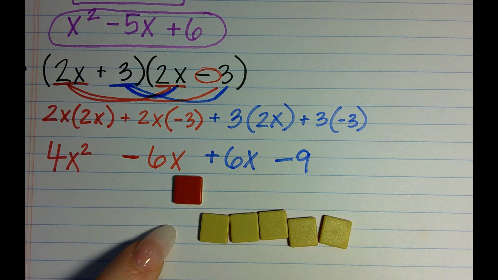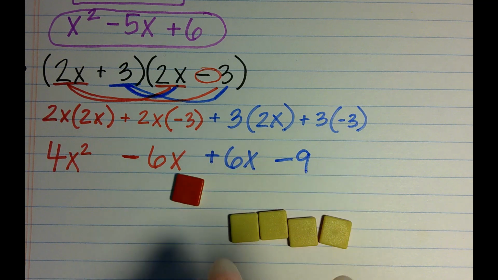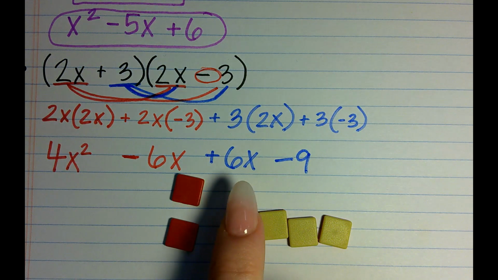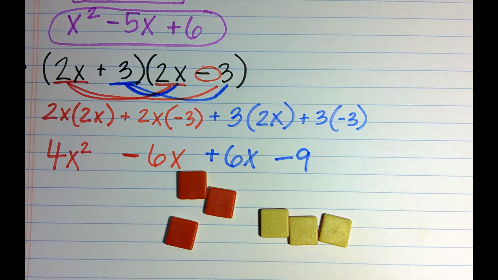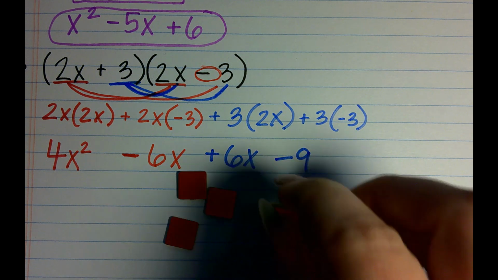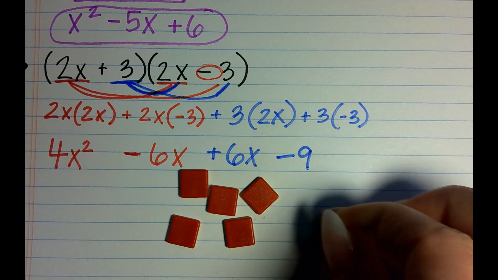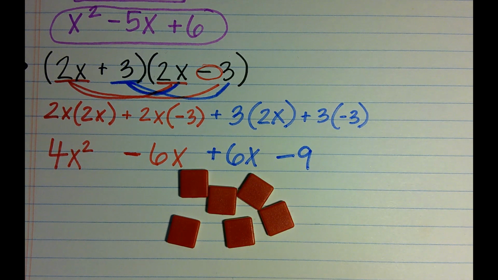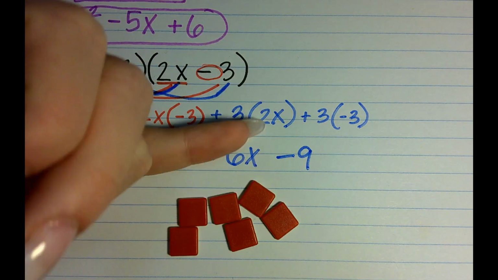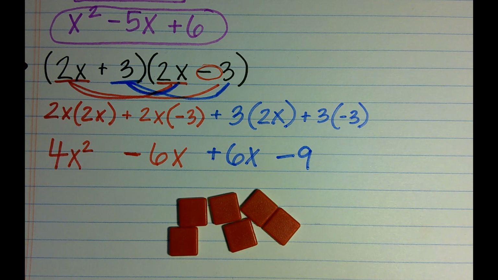So there's 1x, 2 x's, 3 x's, 4 x's, 5 x's, and 6 x's. When the squares are red, they don't exist. So these cancel out. They're going to be gone. It'll be just 0.